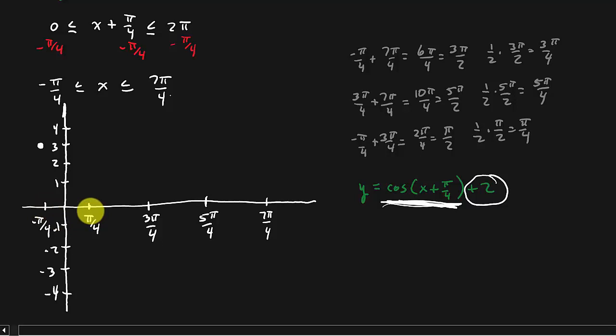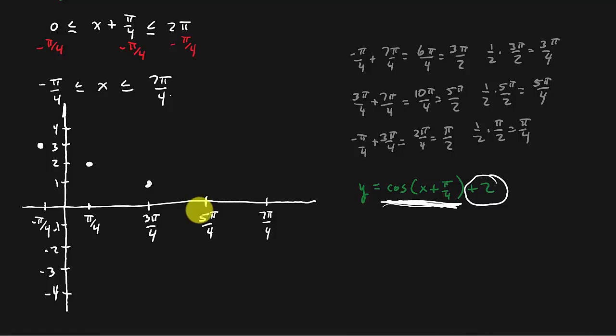But what do I have? I have a plus 2, so that's going to knock it up 2 units. And then cosine, okay, so maximum, 0, and then it goes to its minimum of what? Negative 1. But then that plus 2 is going to bump it up 2 units to that positive 1. And I know this graph is going to look crappy, but it is what it is.